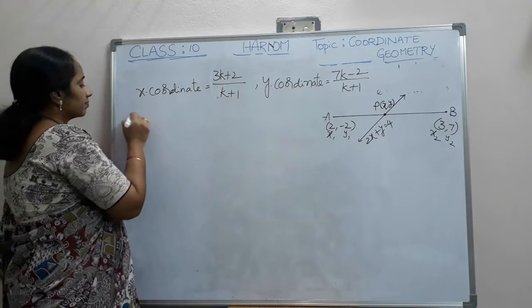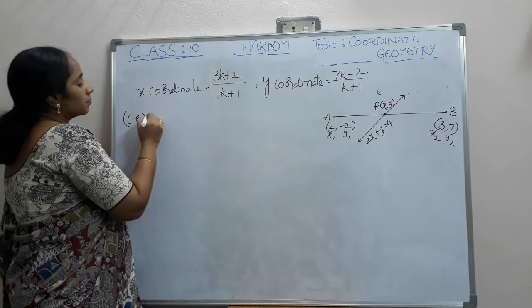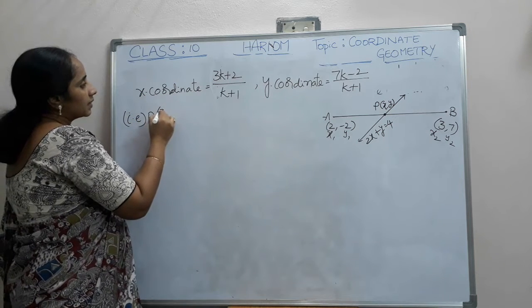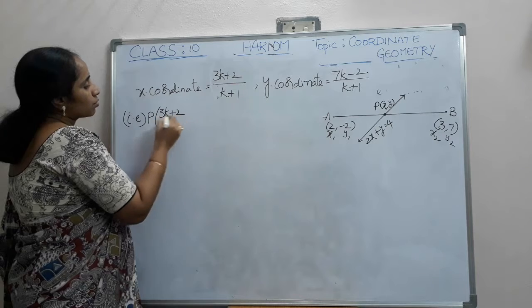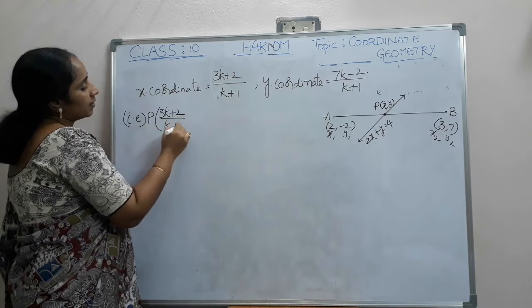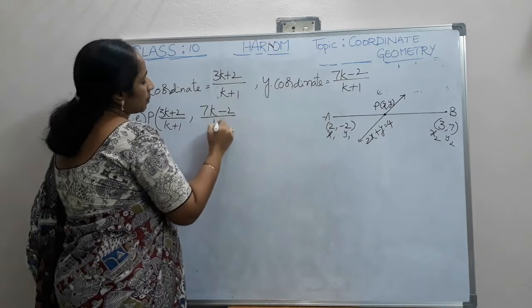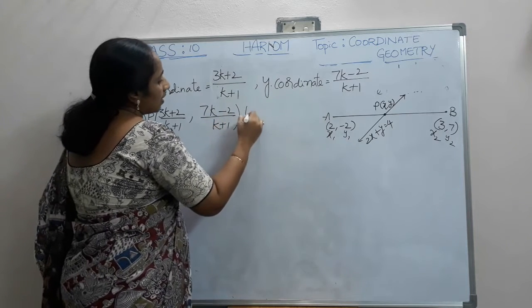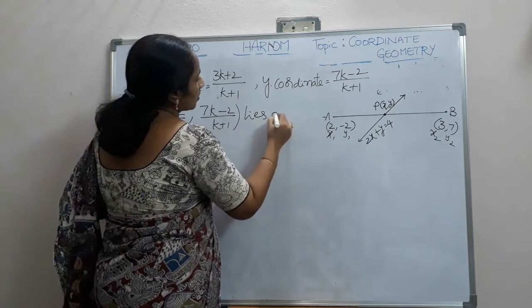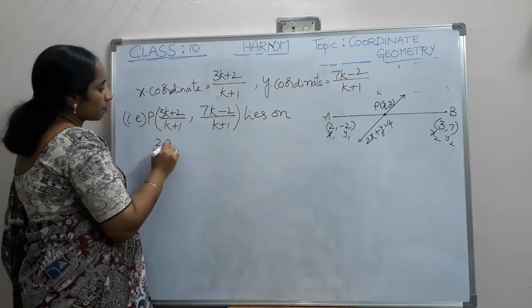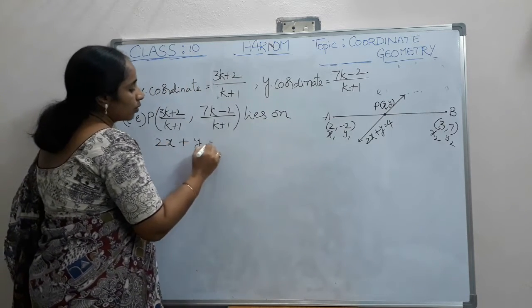That is, P of (3k plus 2) by (k plus 1), (7k minus 2) by (k plus 1) lies on 2x plus y is equal to 4.